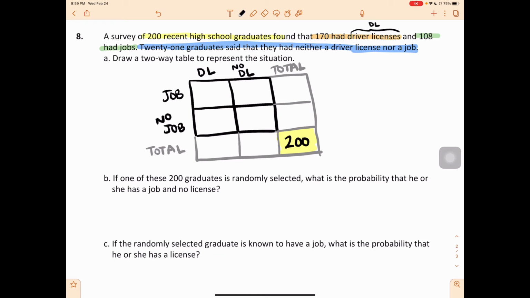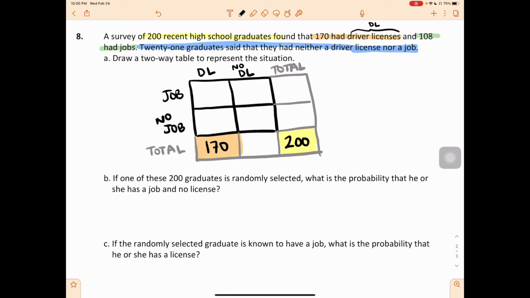Okay, hopefully you tried it. So 170 had driver's licenses, okay? So driver's licenses, the total number is the 170. So that number needs to go right here in the total number of students who had driver's licenses. 170.